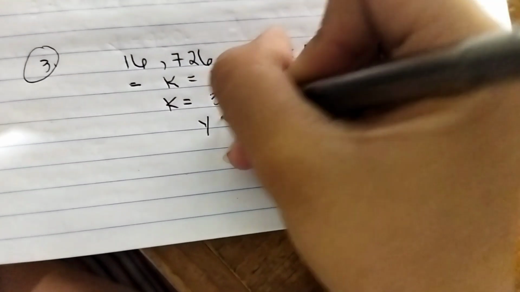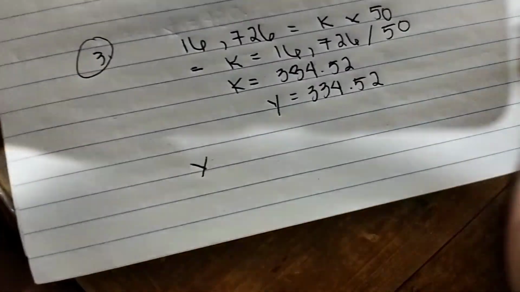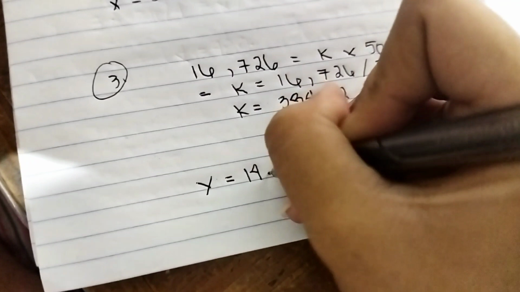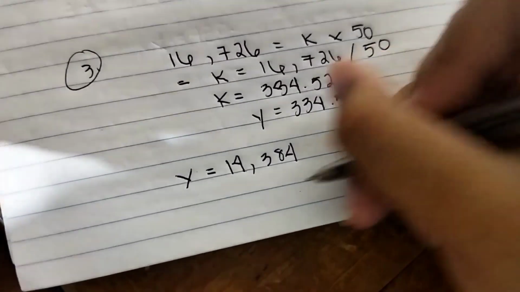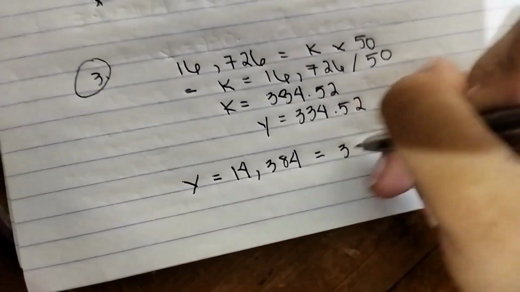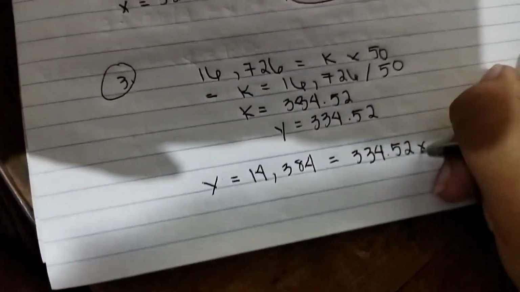The equation is y is equal to 334.52x. Now, substitute y is equal to 14,384 and find x. So, 14,384 is equal to 334.52x.